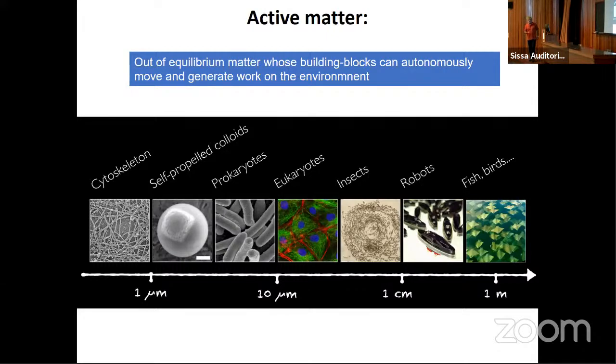As we have seen in the talks, for example, by Volpe, by Giovanni, we can have active matter on very different scales, and they share some common features. But what I'm going to describe is mostly related to self-propelled colloids, so at least it can be used to describe the experimental behavior of bacteria or self-propelled colloids.